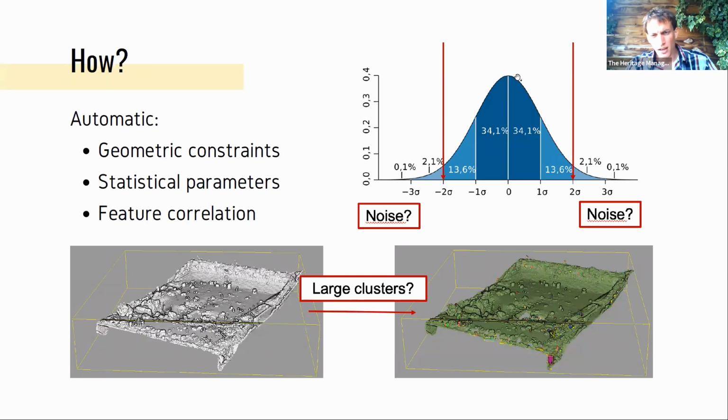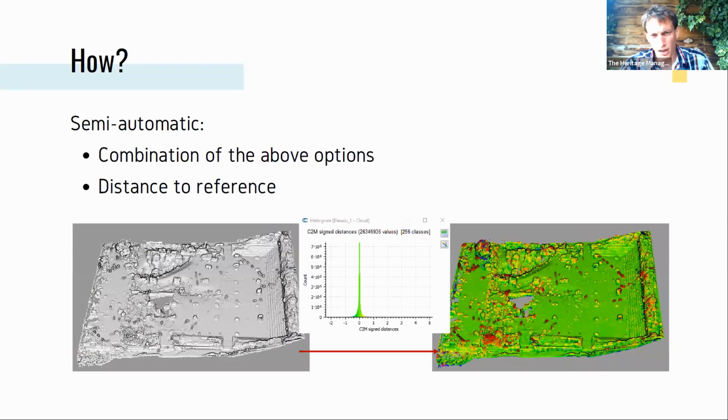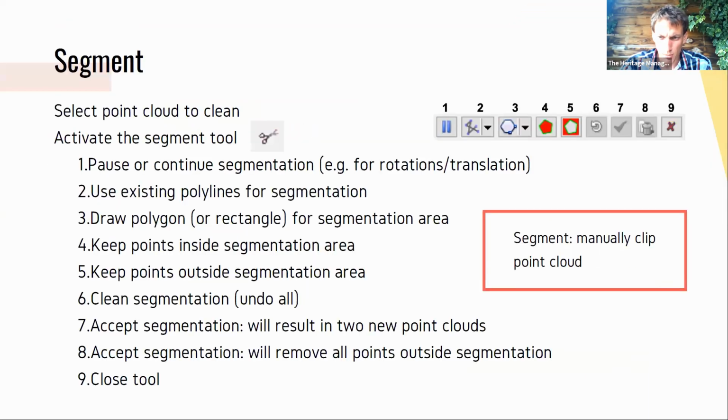So for example, if I take 2 sigma, it will calculate the mean, and it will say, okay, I have a mean, I have a certain standard deviation, and as soon as the elevation within that neighborhood is larger than 2 sigma, which is actually 5% of all the points that are further away than 2 sigma of your mean, then these points are eliminated. So especially when your data is already getting cleaner and cleaner, you will always eliminate points. If the point cloud is perfect, you will always eliminate 5% of these points.